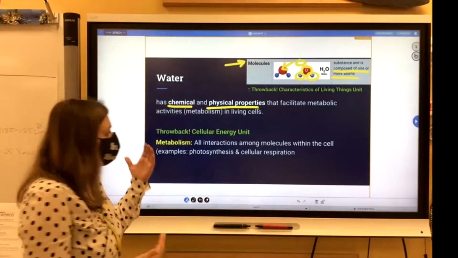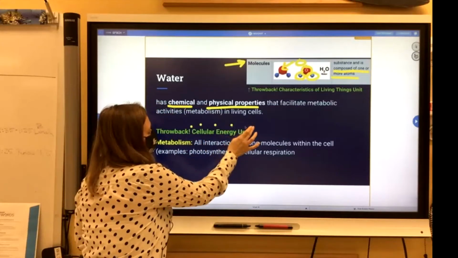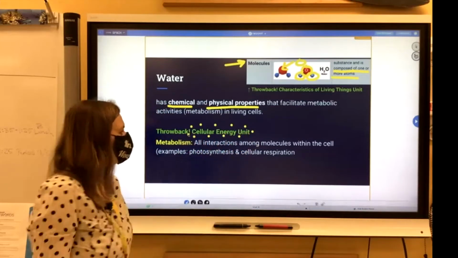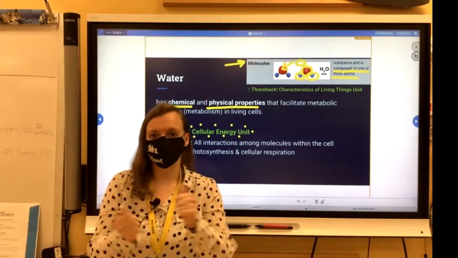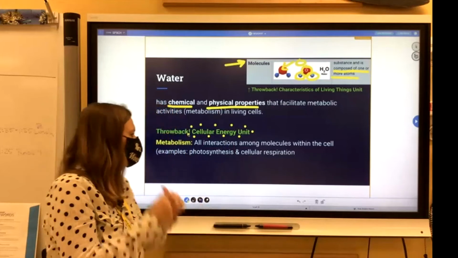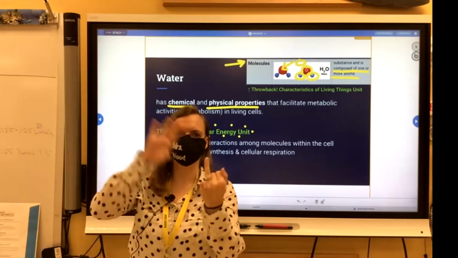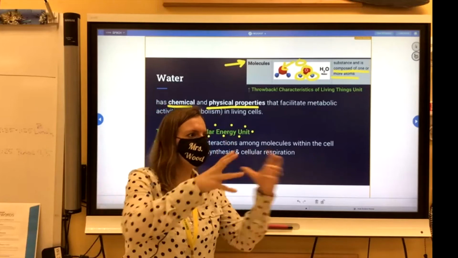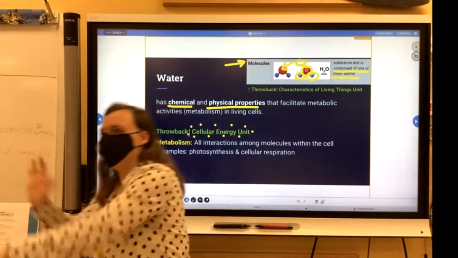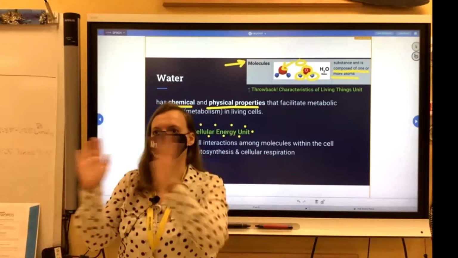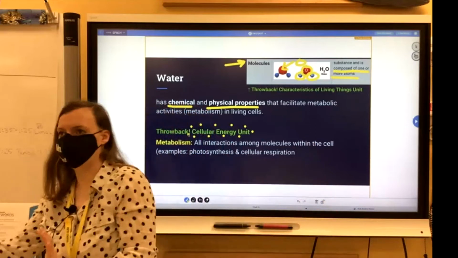Remember, metabolism is from the cellular energy unit, about four units ago. Metabolism is all of the interactions between molecules in a cell. For example, we learned about photosynthesis and cellular respiration, how all of those reactants, those ingredients, get rearranged to form different products. That's a chemical reaction. We get one thing going in, rearrange those molecules, and something else coming out.